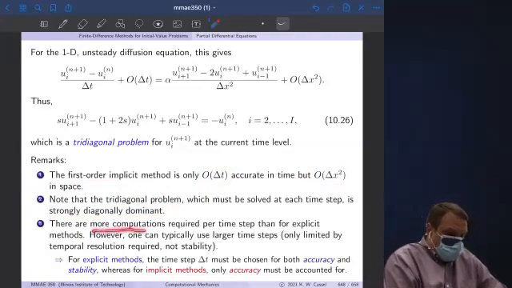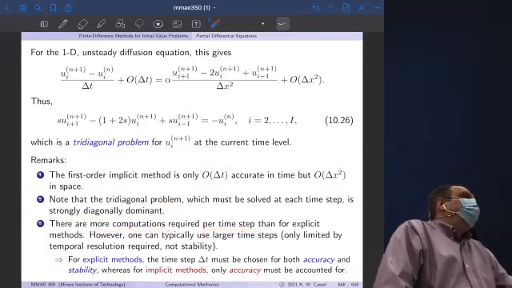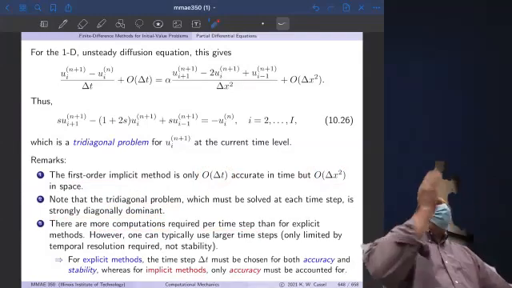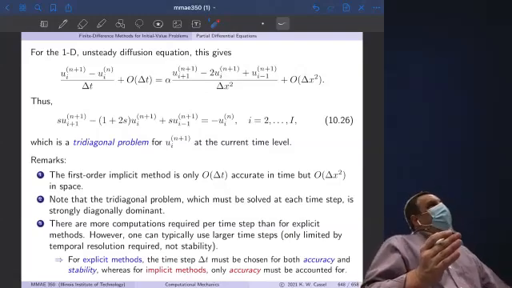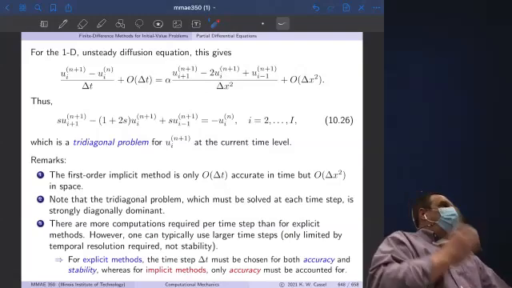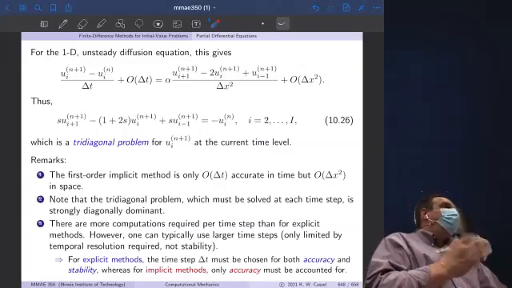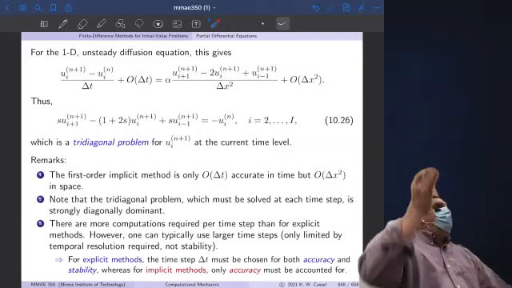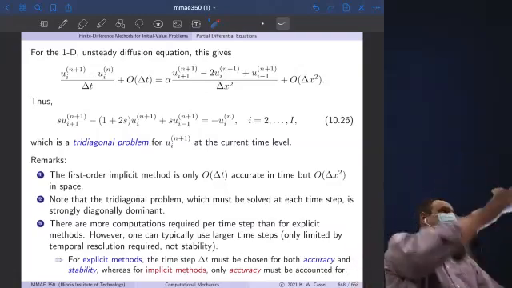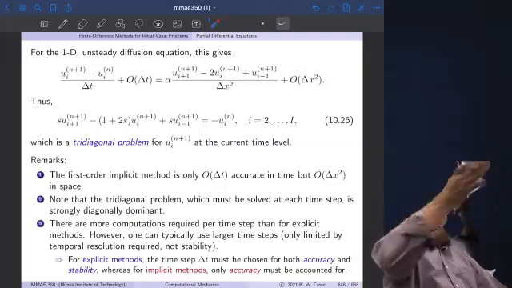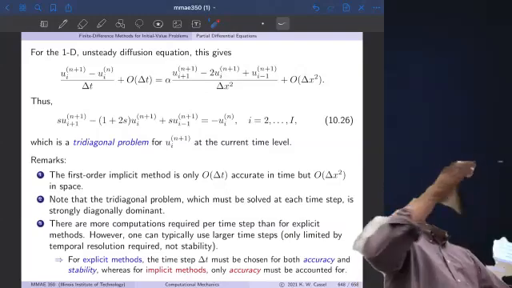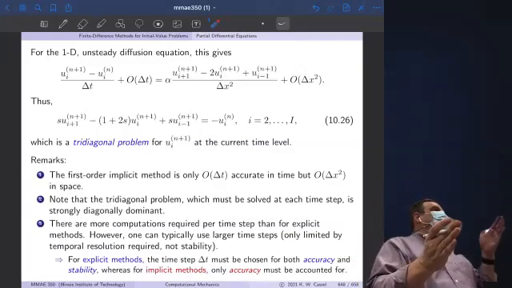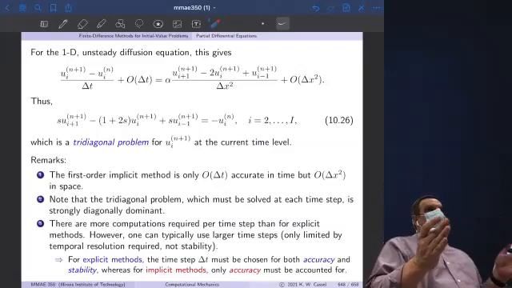There are more computations per time step. So this is one thing I always have to keep in mind. So people say, oh, well, implicit methods are better than explicit methods. And in general, that's true. However, there are some competing factors. Whereas you can take bigger time steps because the numerical stability characteristics improve, you're doing more computation per time step.